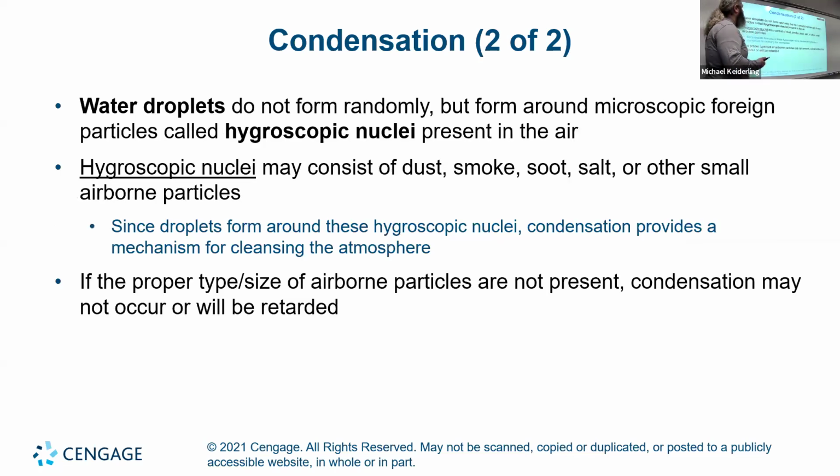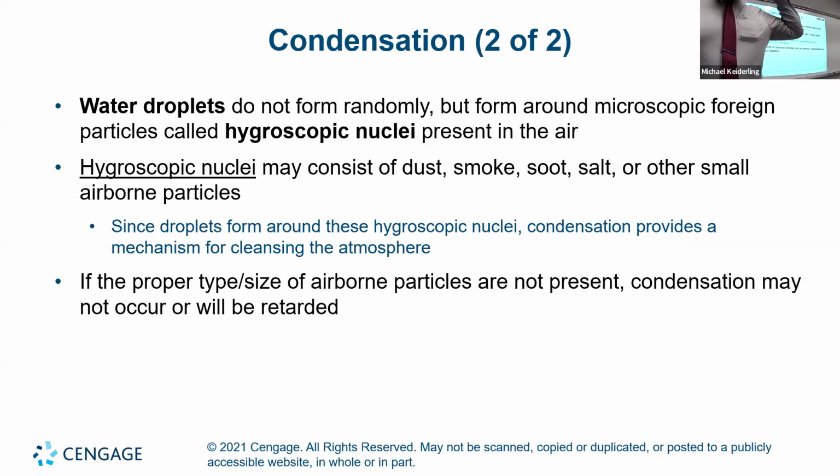Water droplets don't form randomly, but they form around microscopic foreign particles called hygroscopic nuclei that are present in the air. And hygroscopic nuclei could be things like dust, smoke, soot, salt, other small airborne particles. And since droplets form around these hygroscopic nuclei, condensation provides a mechanism that cleans the atmosphere.